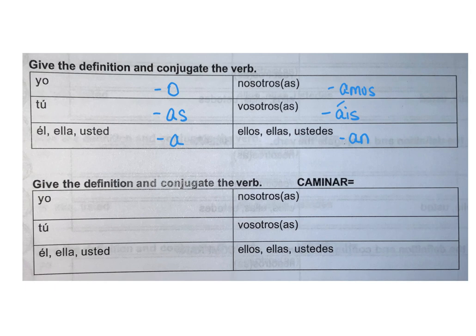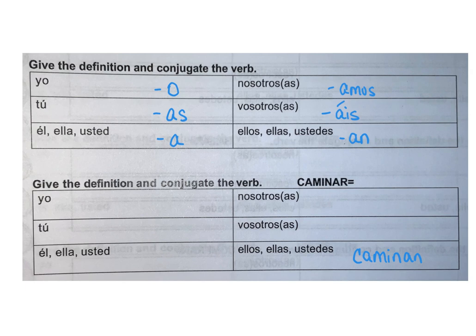To walk. So if I wanted to say they walk, what would I say? So which one of these would that be? Singular or plural? It would be plural, and it would be my third person, right? It would be they. So I would have the stem, camin, and then just an on the end of it. Caminan would be they walk.